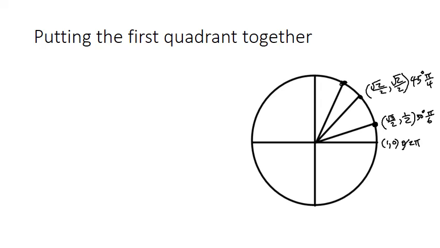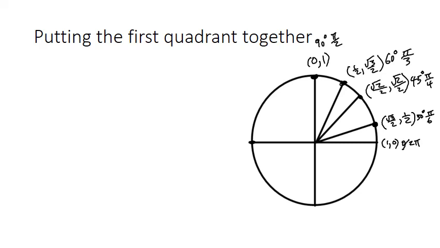For this particular angle here, we know that it was 60 degrees. At 60 degrees, we had 1/2, comma, radical 3 over 2 for the point, and we had pi over 3 radians as being equivalent to that. Then we had our quadrantal angle here at 90. So that was 0, 1, and that was 90 degrees or pi over 2 radians.